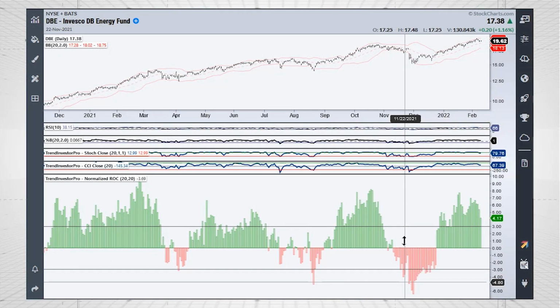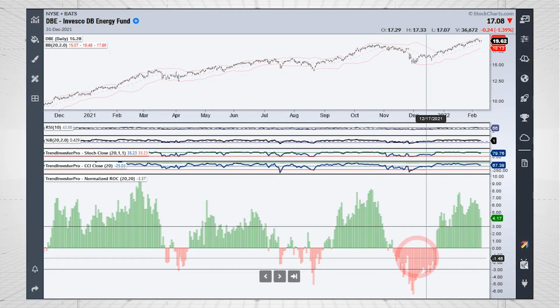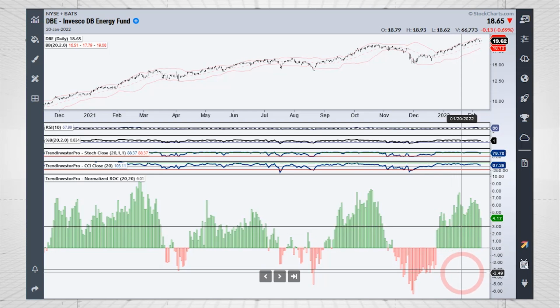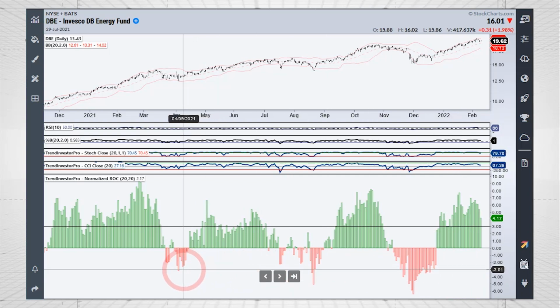And the last indicator is normalized ROC. What this is looking for, you can see the horizontal lines are at -3 and +3. And again, I'm typically looking for oversold conditions within a bigger uptrend. And so when this indicator dips below -3, that means you've had a 20-day decline that was greater than 3 20-period ATR, average true range, readings.